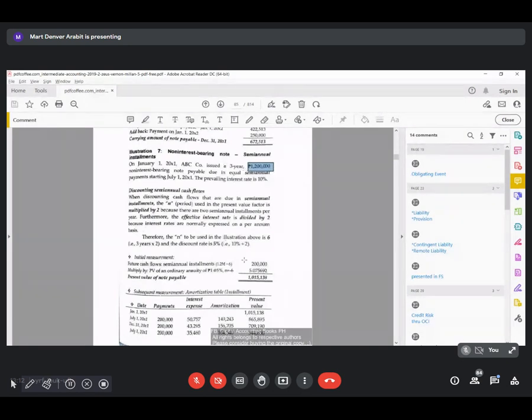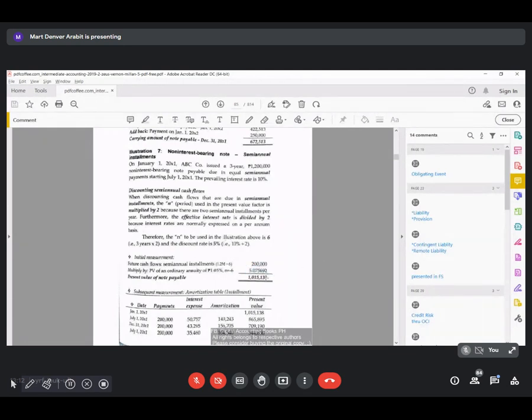So we will divide by 6 para makuha natin yung semi-annual equal payments na 200,000, multiplied by present value of the ordinary annuity. Again, we will use ordinary annuity because we will pay it on the interest dates. Hindi siya paid in advance. So, ito yung present value niya.